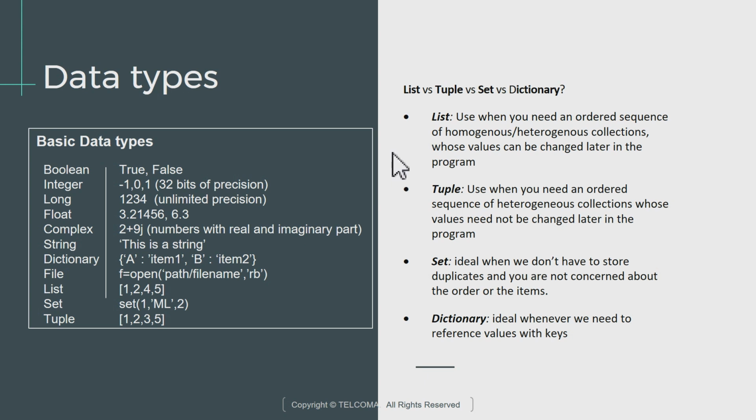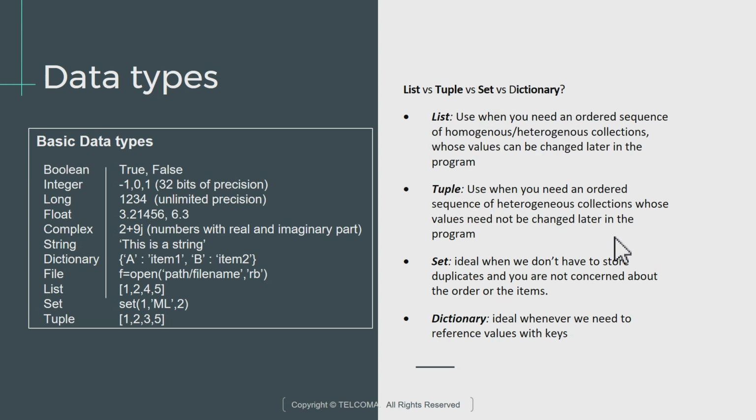So when do we use a list or a tuple or a set or a dictionary? List can be used when you need an ordered sequence of homogeneous or heterogeneous collections whose values can be changed later in the program. If you do not want the values to be changed later in the program, it would be recommended that you use a tuple.